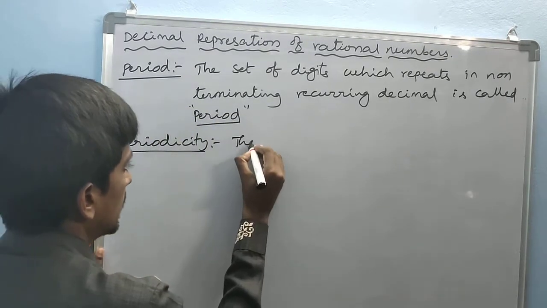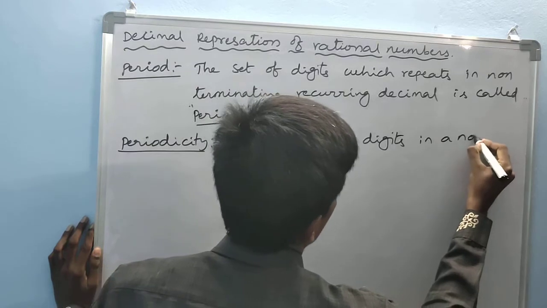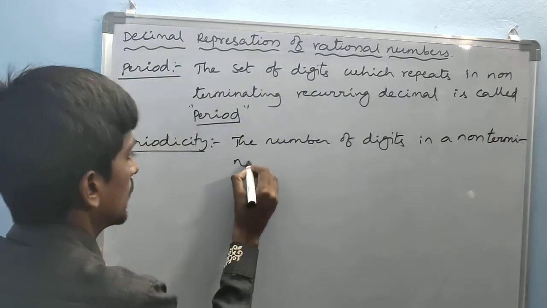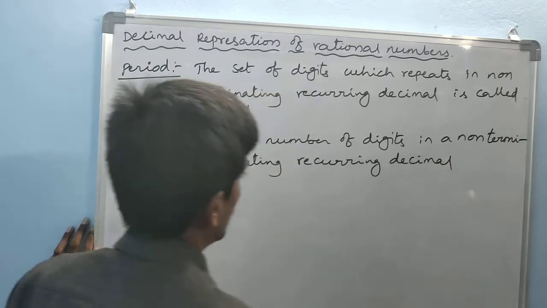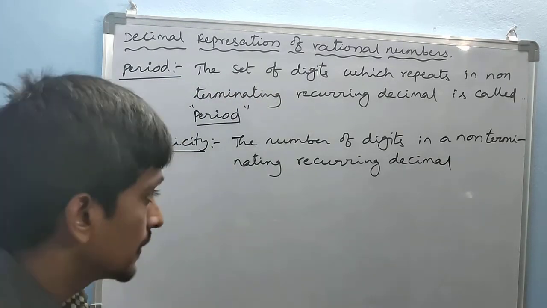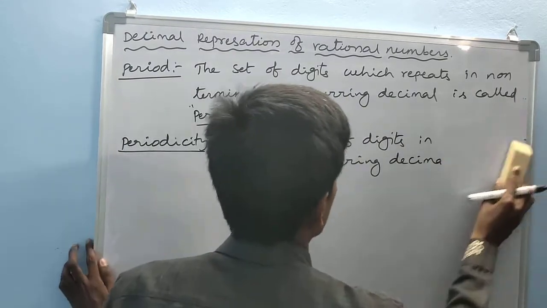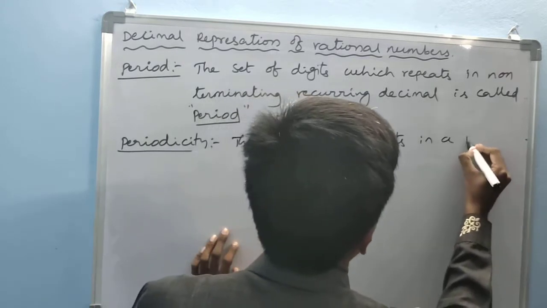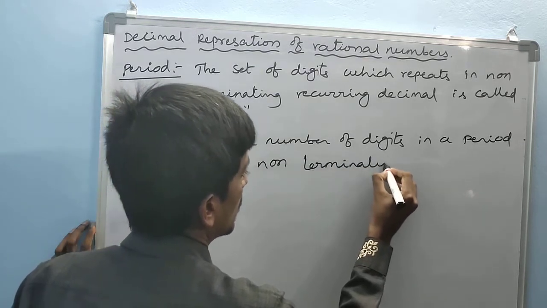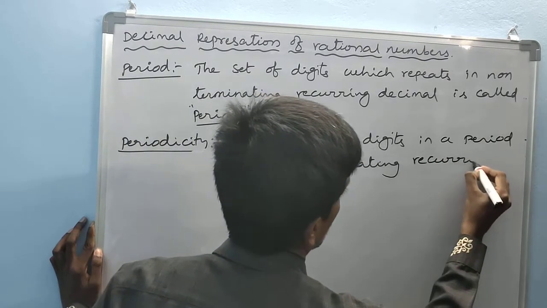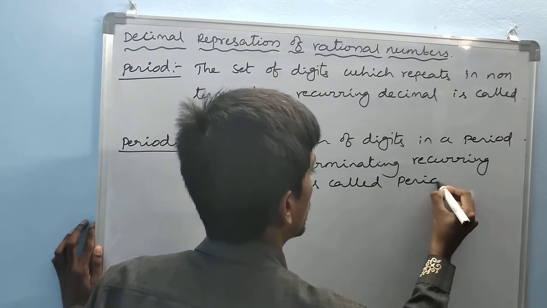The number of digits in the period of a non-terminating recurring decimal is called periodicity.